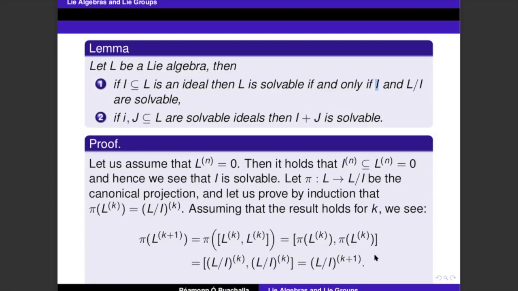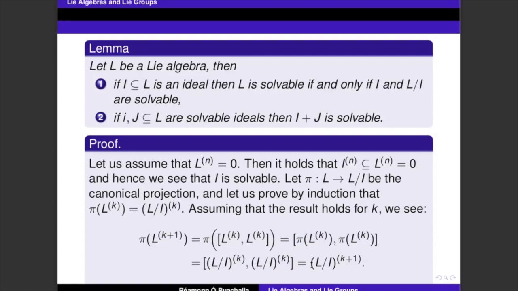Then now that we've got to the point where we're looking at pi of L to the k, we're able to take the inductive hypothesis and apply it, which is to say that this is equal to this. And of course, the same thing, this is equal to this. But what is the Lie bracket of these two spaces?